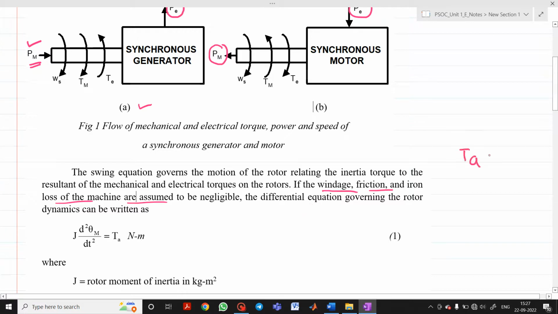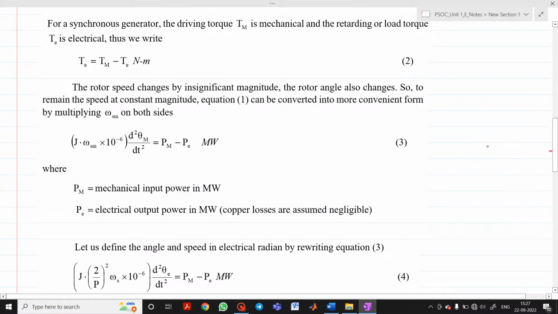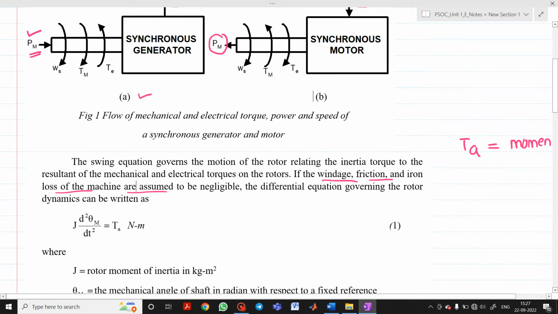Accelerating torque Ta is equal to moment of inertia into angular acceleration. This is the basic formula. So J d square theta m upon dt square is equal to Ta.